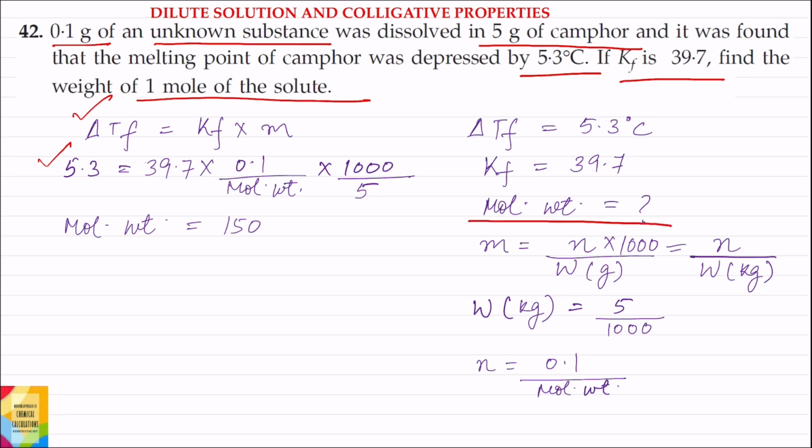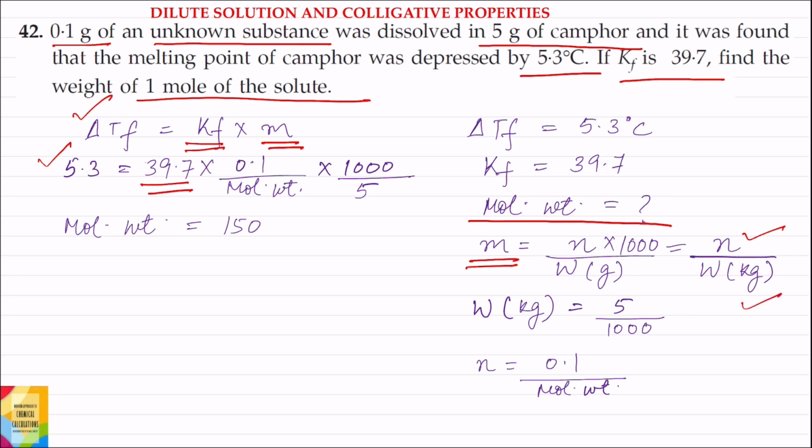Now applying the formula, delta Tf is equal to Kf into m. Value of Kf is given in the question and it is equal to 39.7. Now we have to find out m. What is m? m is the molality of the solution, and the formula for molality is moles of solute divided by weight of solvent in kg.